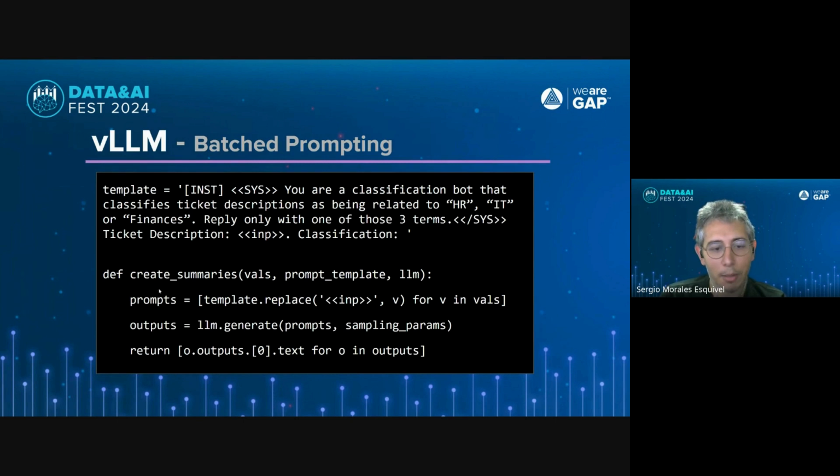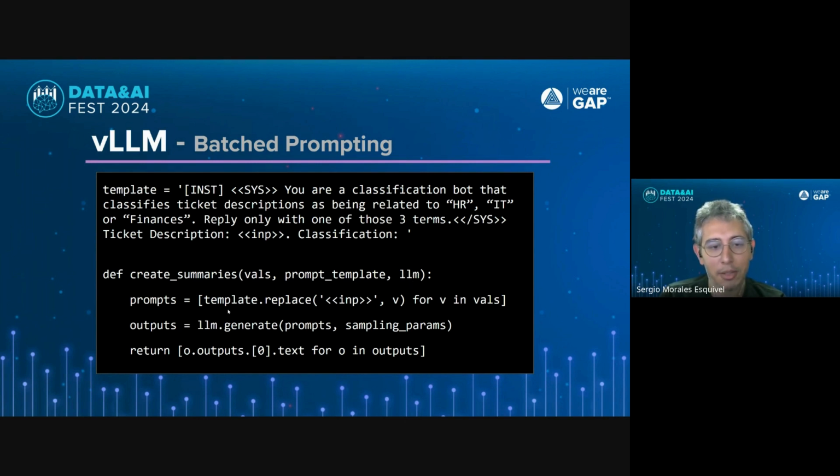So in this case, I'm creating a function in which I'm going to give it several values. We can imagine the input is going to be our set of tickets. I'm going to give it a template, and then I'm going to feed it the LLM that we instantiated earlier.